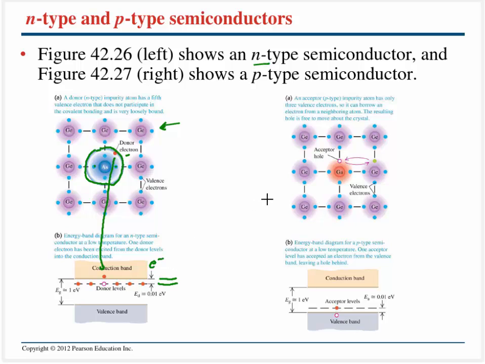If we were to look at the same structure, have some germanium right over here, and we were to put something like gallium inside of it, well, gallium is actually missing an electron right there, and so what it is going to do is try to steal an electron from one of the nearby germanium, so it's going to pull that guy just like this, and it has what's called an acceptor hole. And essentially what it's doing is the opposite of the N-type.